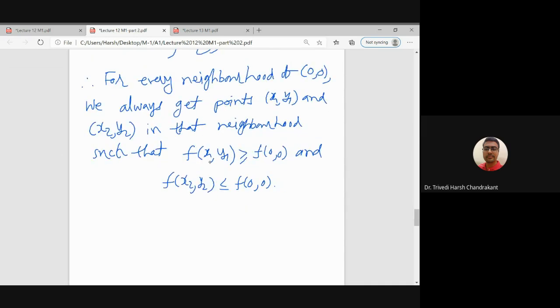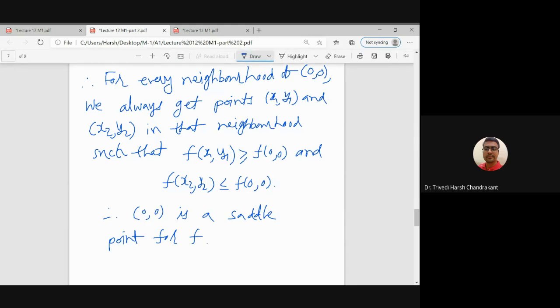So this will give us that 0, 0 is a saddle point for the given f.